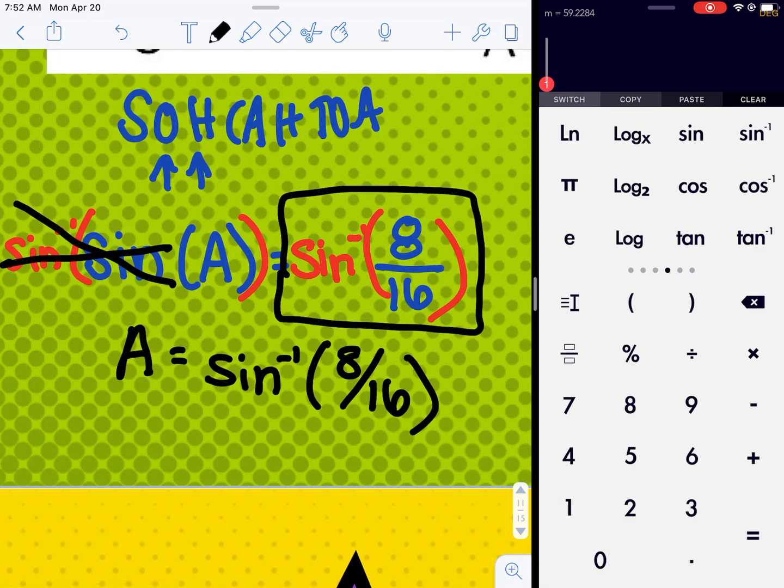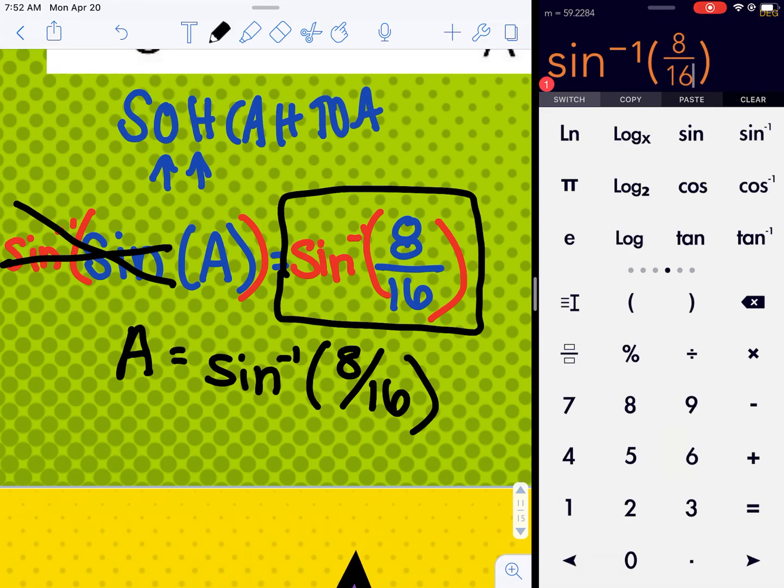And some of you are freaking out because you're like, okay, now what? How do I do that? How do I do sine inverse? You don't do it, you look it up. And the way you look it up is through your calculator. Your calculator has programmed in it what the inverse sine of 8/16 is, what the inverse sine of 9/16 is. They have all of that in there. Your calculator's memory is actually pretty big.